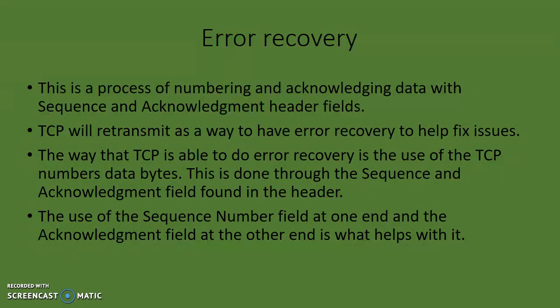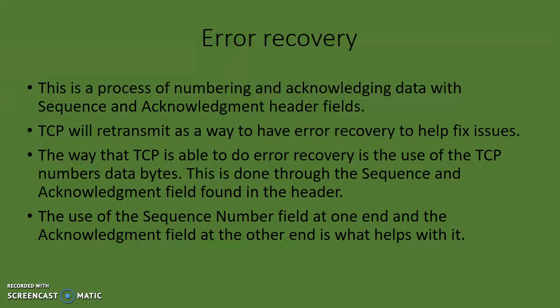Error recovery was the second of the 5 principal features of TCP. This is a process of numbering and acknowledging data with sequence and acknowledgement header fields. Again, we'll cover that a little bit more in just a minute.